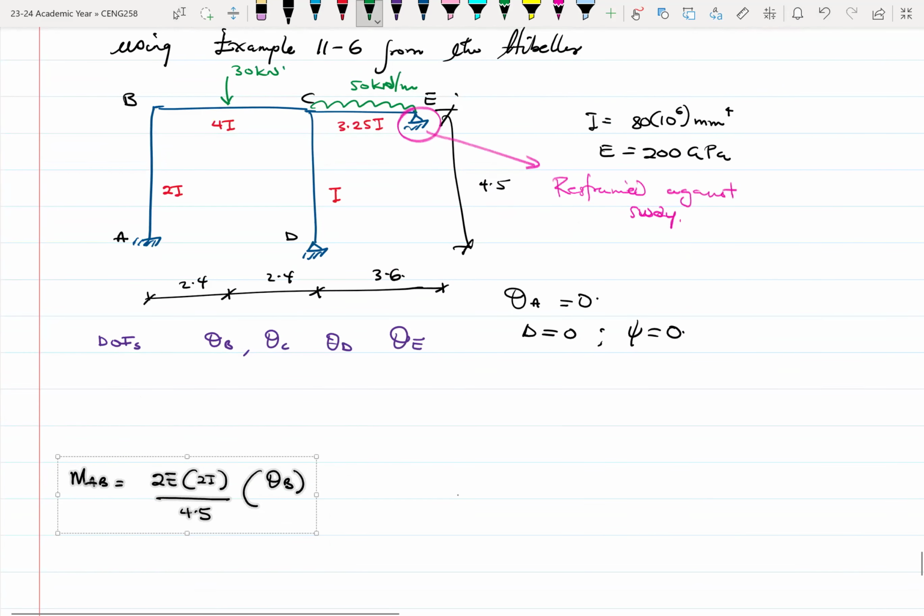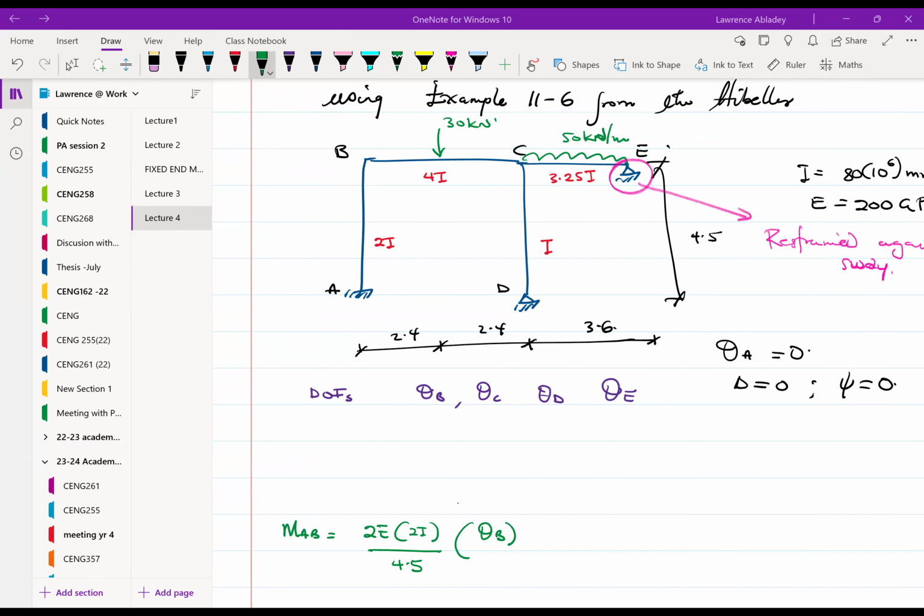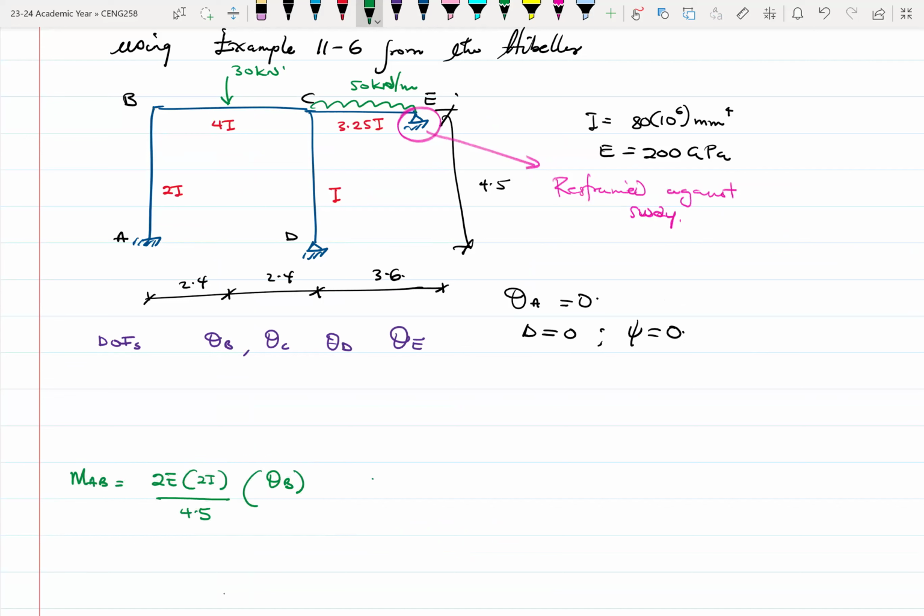So the fixed end moment. Okay, so here we are. Put it back into black.